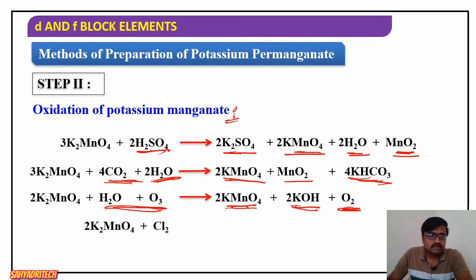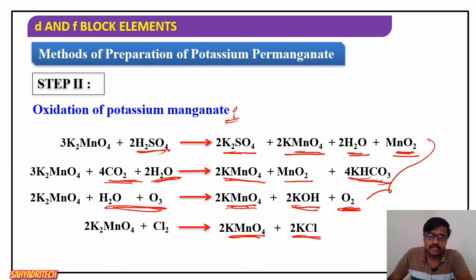Another way: potassium manganate when treated with chlorine gives potassium permanganate and KCl. Please remember the products formed here. When potassium manganate is treated with sulfuric acid, the products are K2SO4, KMnO4, H2O and MnO2. Later we can think of balancing.